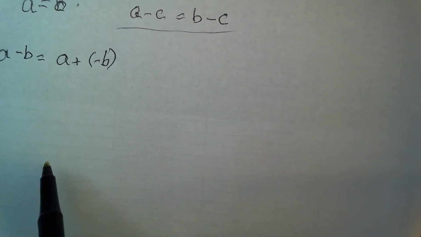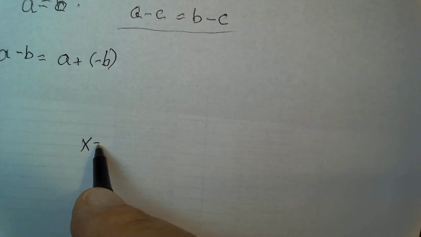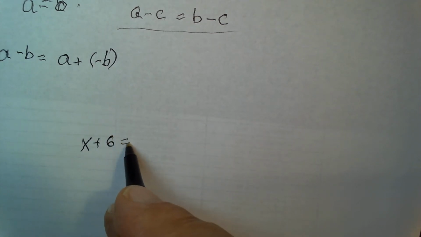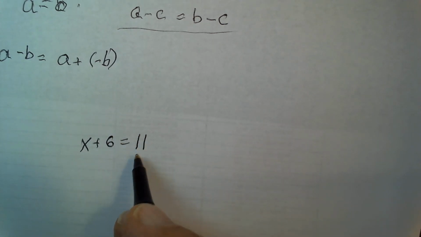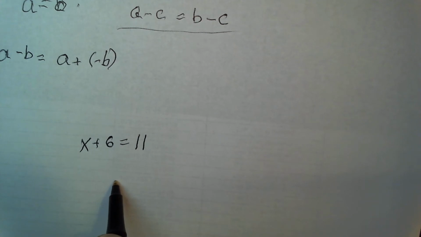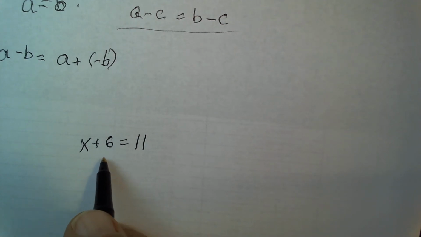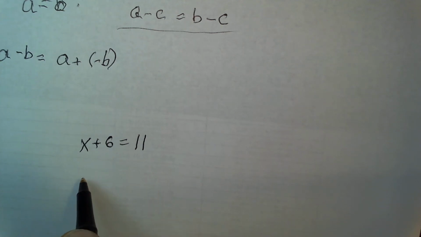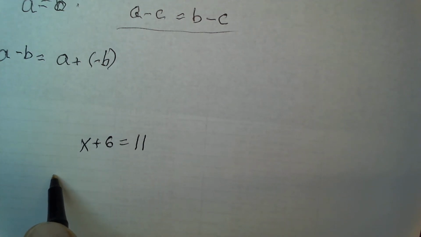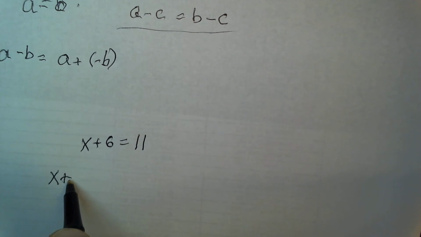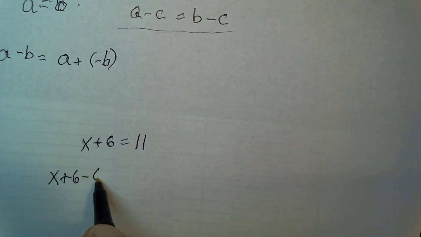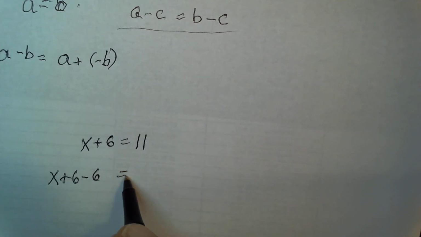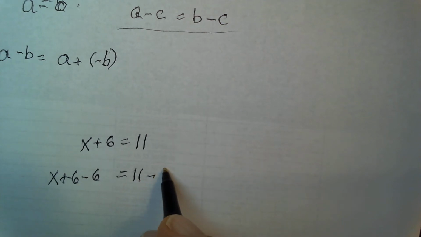Let us look at the equation x plus 6 equals 11. So to isolate the variable x, we want to subtract 6 on both sides. So then x plus 6 minus 6 would equal 11 minus 6.